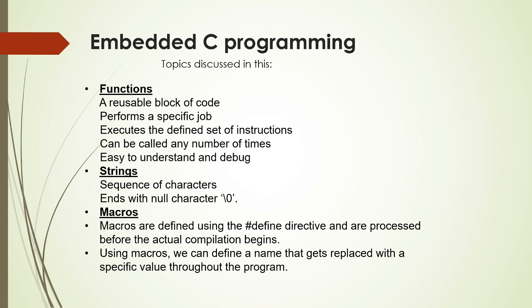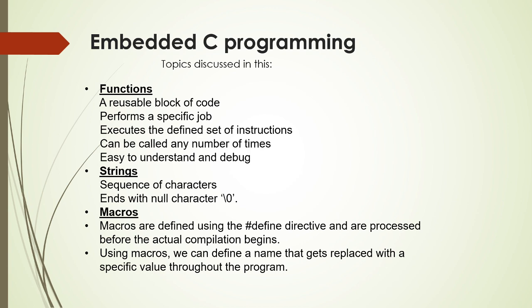We also know a function is a reusable block of code that performs a specific job and executes a defined set of instructions, and it can be called any number of times. Once a function is defined, it can be called many times in the program, and it is easy to understand and debug.